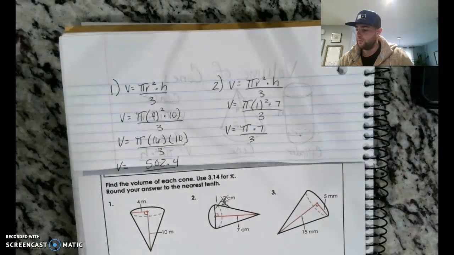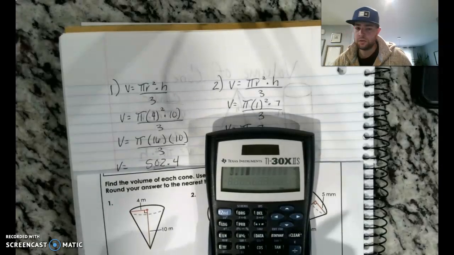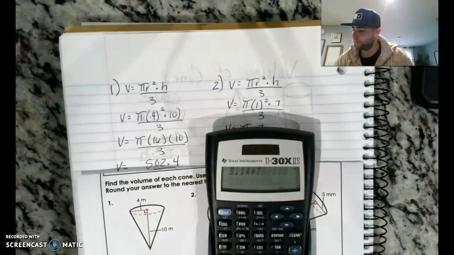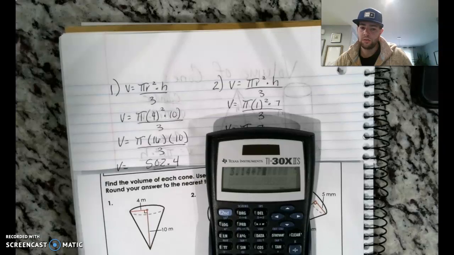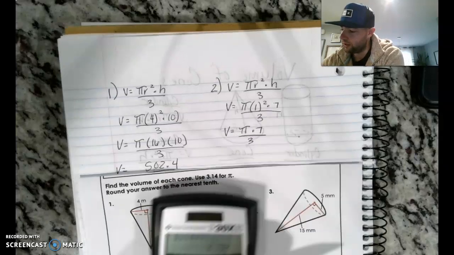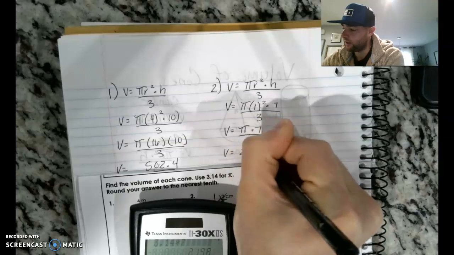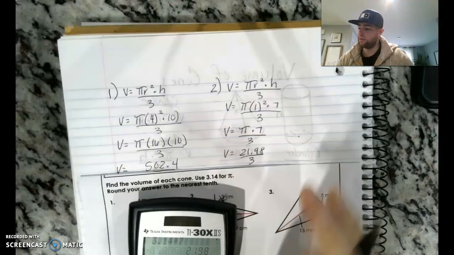So on top, with pi times 7, I'm going to do 3.14 times 7 equals, we get 21.98. I'm going to leave it like that for now. So V equals, bring down 21.98, and then the last step we have to do is divide that by 3.